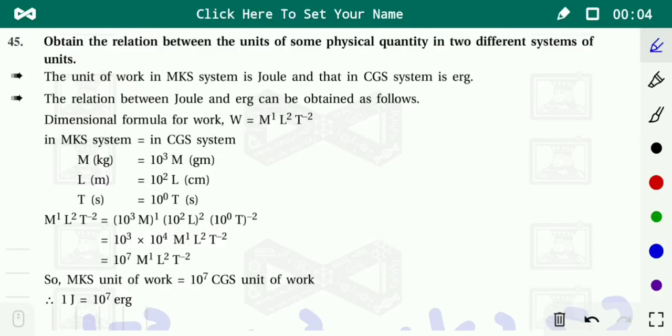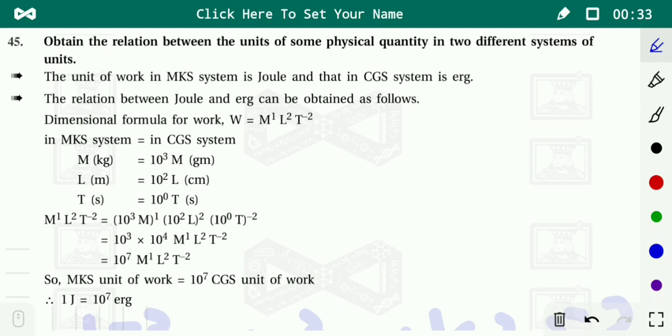Yesterday we have studied dimensional analysis. So let me revise quickly. Dimensional analysis is a method of obtaining solutions of certain problems in physics by making use of dimensional formula. One of its uses was to obtain the relationship between the two units of some physical quantity in different systems of units.